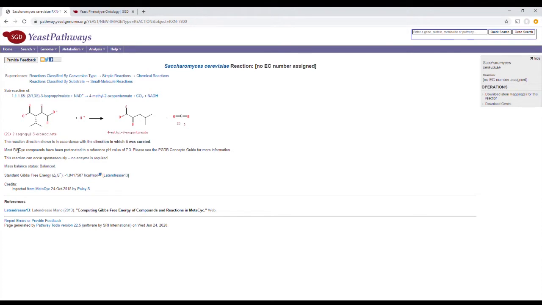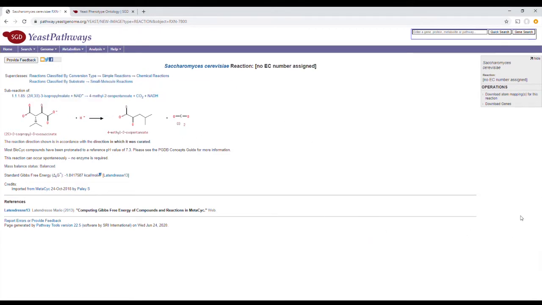Most biosynthetic compounds have been protonated to a reference pH value of 7.3, and this reaction can occur spontaneously, no enzyme is required, and it also gives me the Gibbs free energy for that given reaction. So that's if you're looking at metabolism, dead-end metabolites, and choke point reactions.